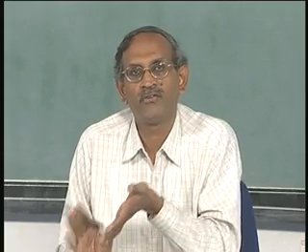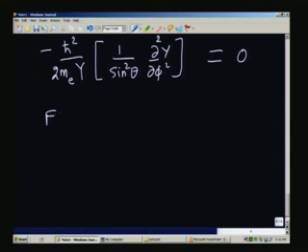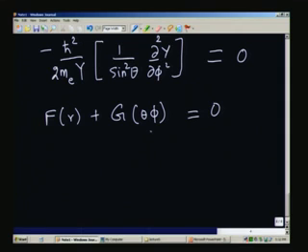Therefore you see that this equation has separated the terms according to r dependent terms only and theta phi dependent terms only, and therefore if you write this as something like a quantity which depends only on a function of r and another which is a function of theta and phi, if I do this symbolically, is equal to 0, and this is valid for all values of r and all values of theta and phi, which is in the hydrogen atom case, r goes from 0 to infinity, theta goes from 0 to pi, and phi goes from 0 to 2 pi.